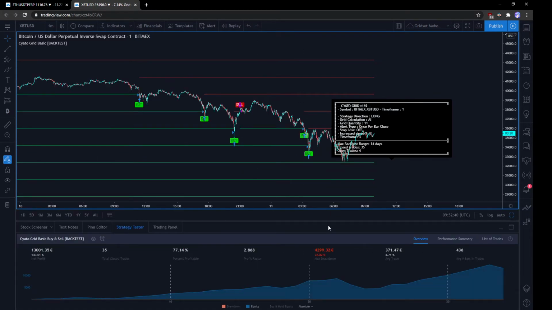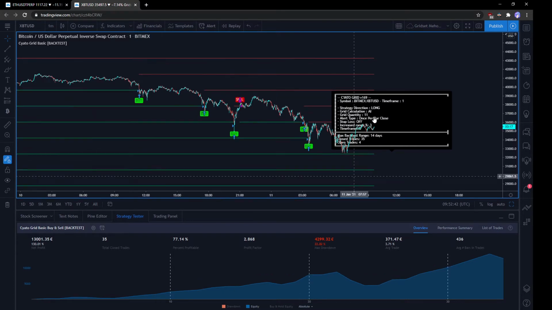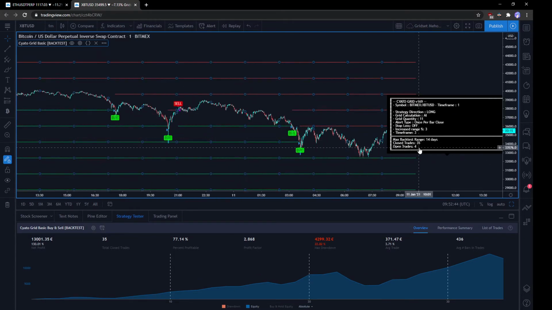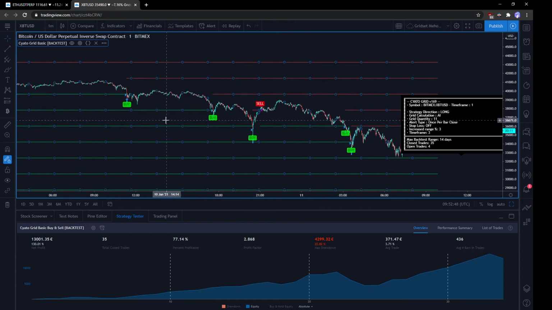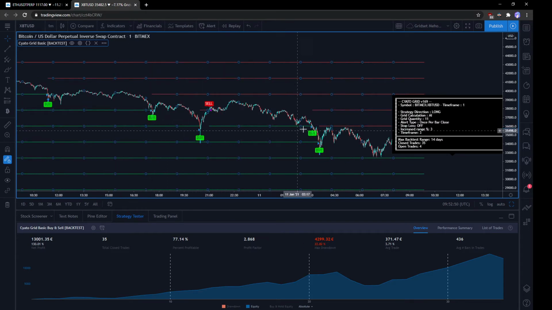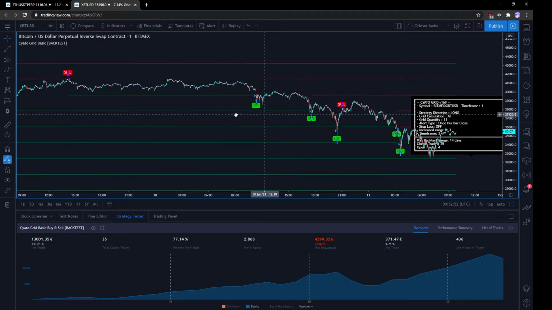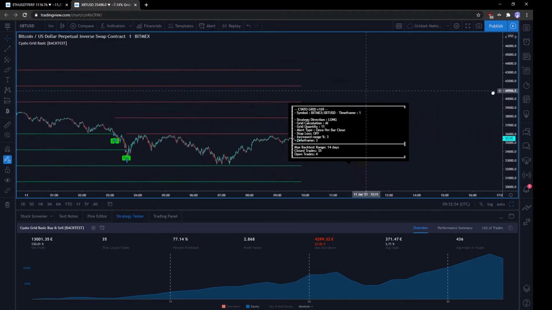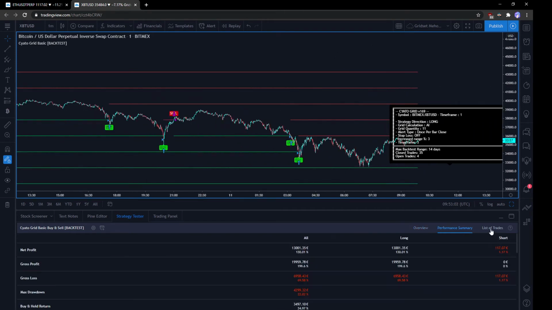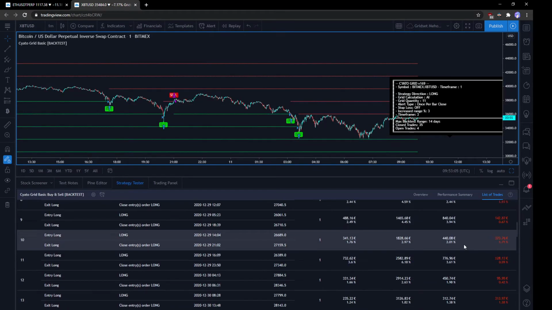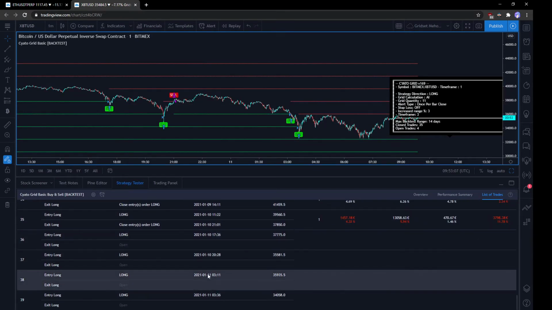So let's take a look at the results. Here we can see that we have 4 open trades. So this is this one, 1, 2, 3, 4. If you want to close them, the price needs to move up till here. So you can see in the list of trades that there are open trades.